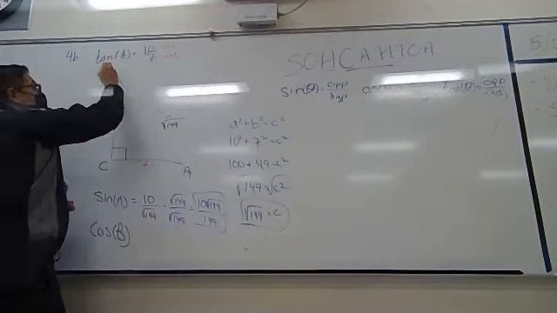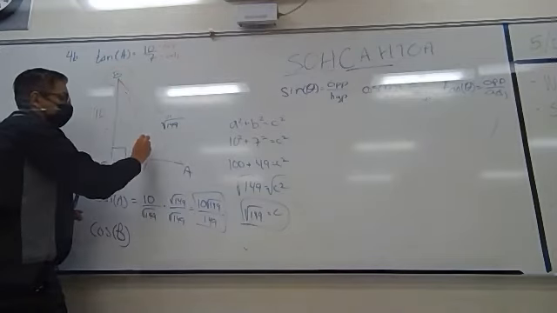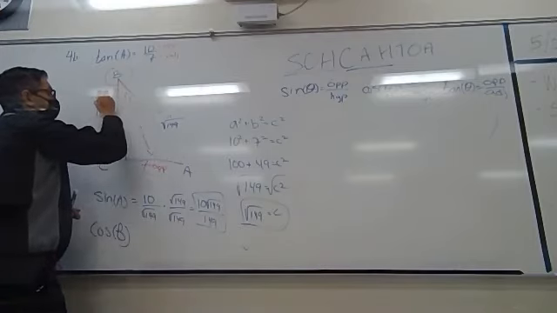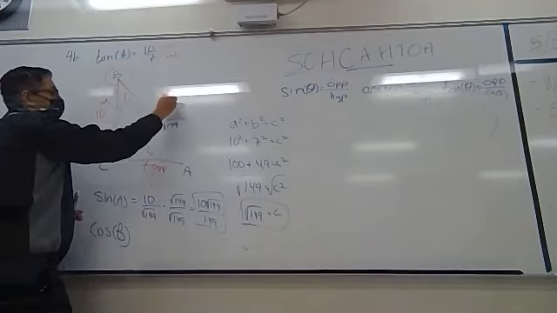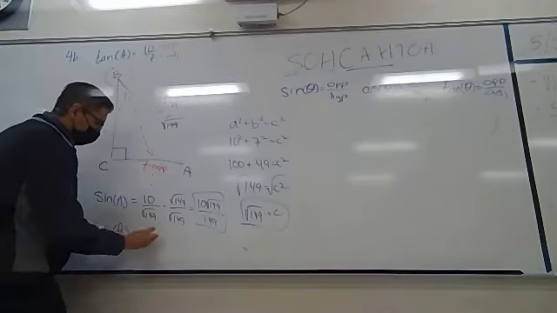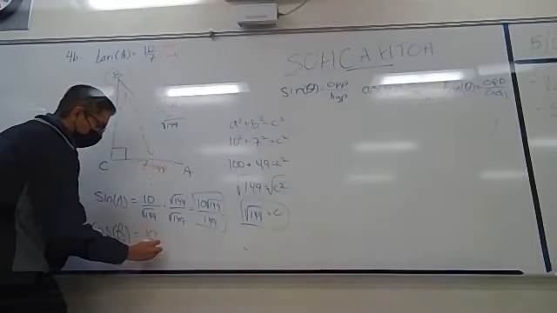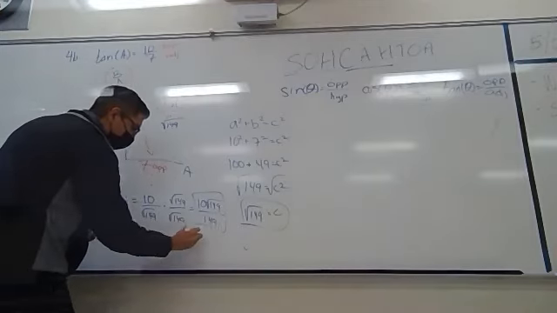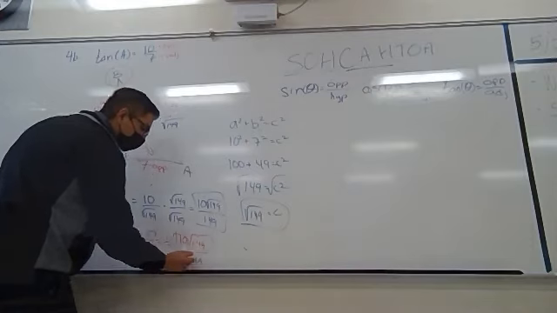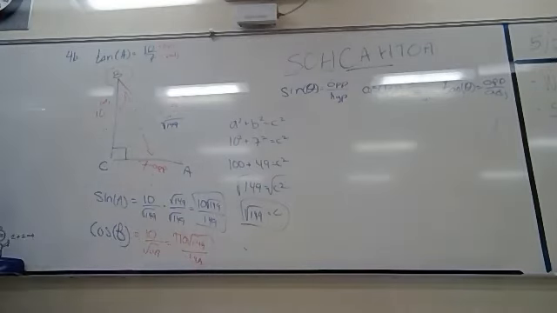And now we're focused in on B, and we're labeling based on B. So this is opposite, adjacent, and hypotenuse. So what we end up getting for cosine of B is actually 10 over the square root of 149, which is the same thing as 10 square root of 149 over 149. And there we go. That's the answer for cosine of B.